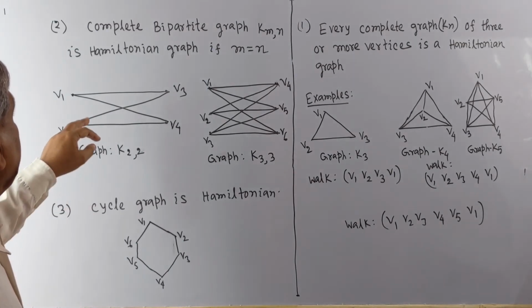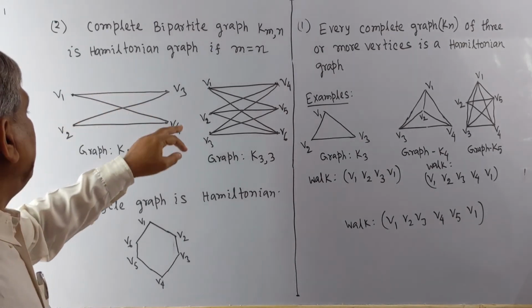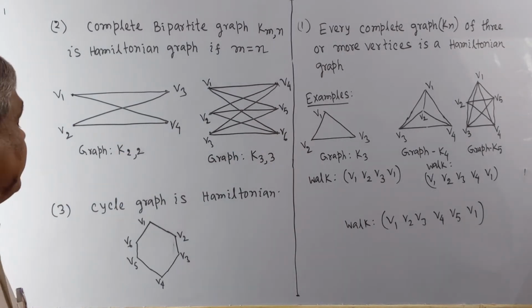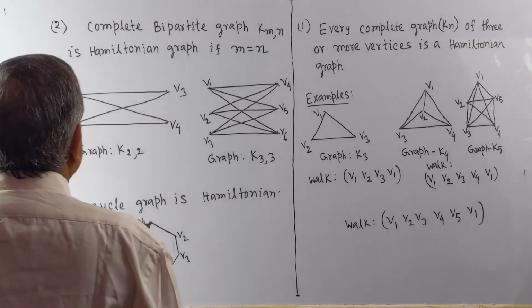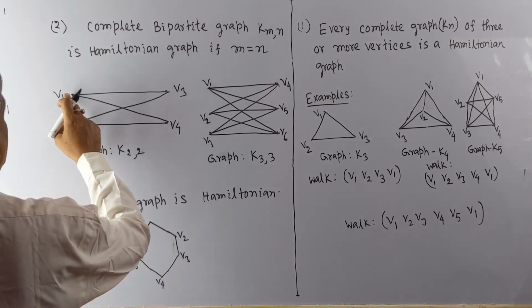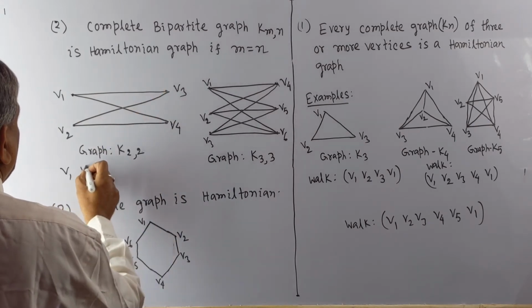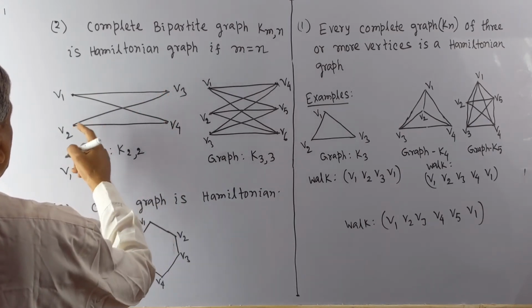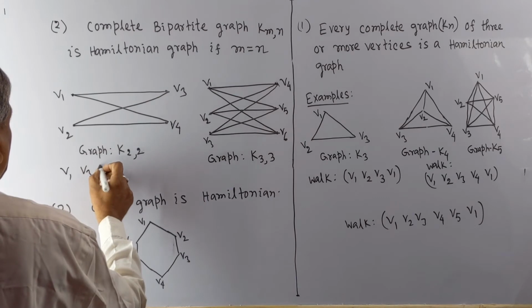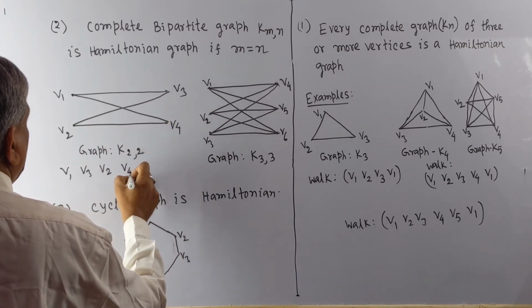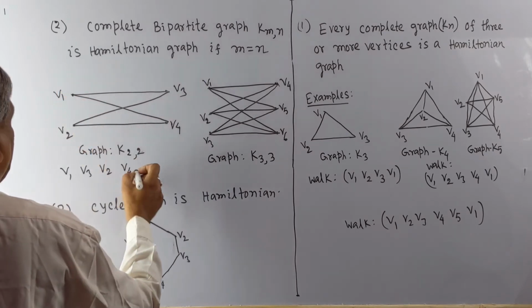Here we take m equal to 2 and n equal to 2, K22 graph, complete bipartite graph. Here we may take the walk V1, then V3, then V2, then V4, then V1.